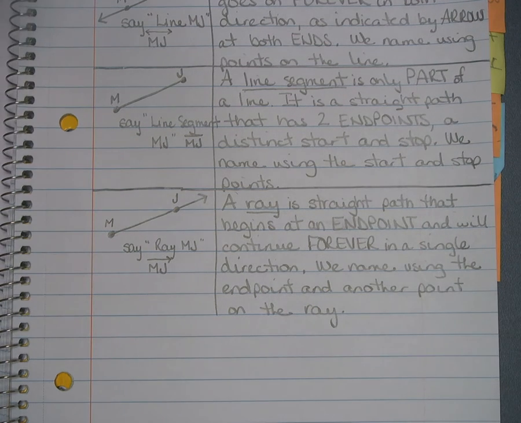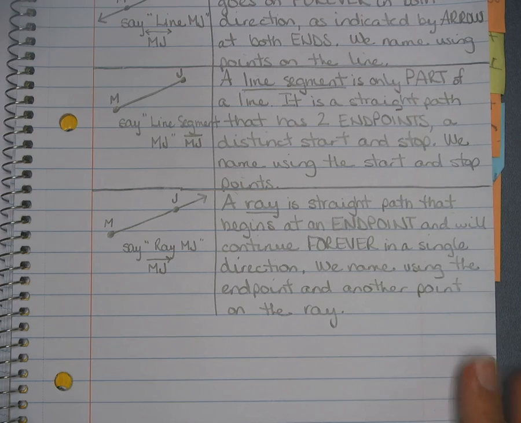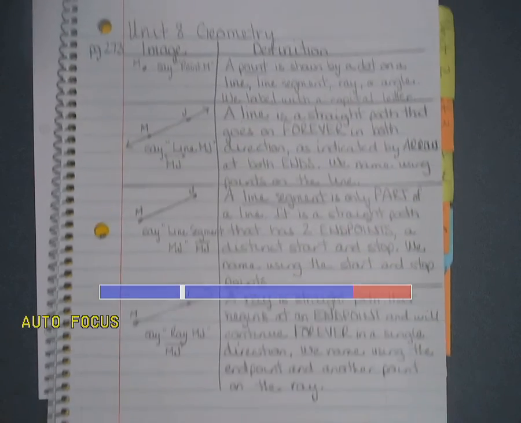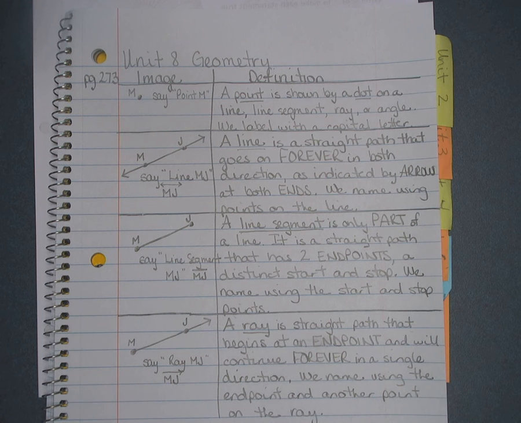Okay. So using these basic geometric figures, point, line, line segment, and ray, we can put them together to create all of our other shapes. We can put them together to create angles. We can put them together to create triangles, quadrilaterals, hexagons, pentagons.